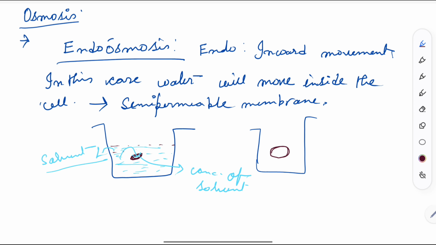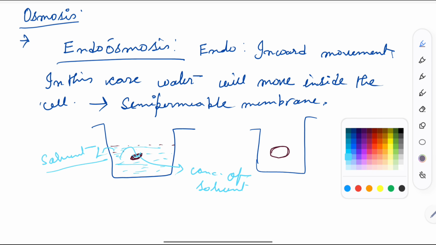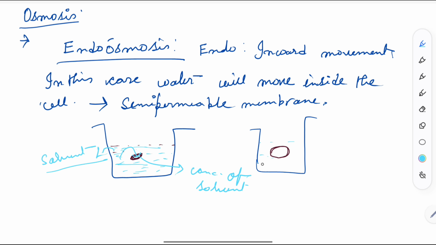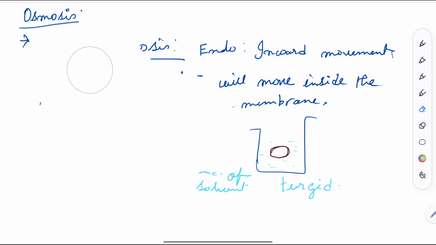It will soak the water and the resin will become turgid. Now this is endoosmosis, right? Now we are going to talk about exosmosis.